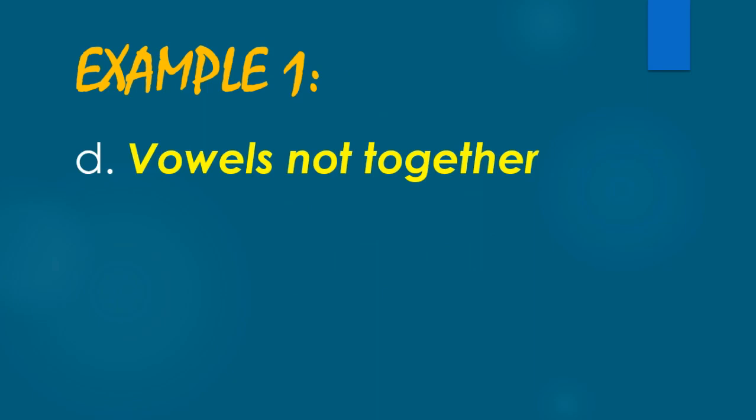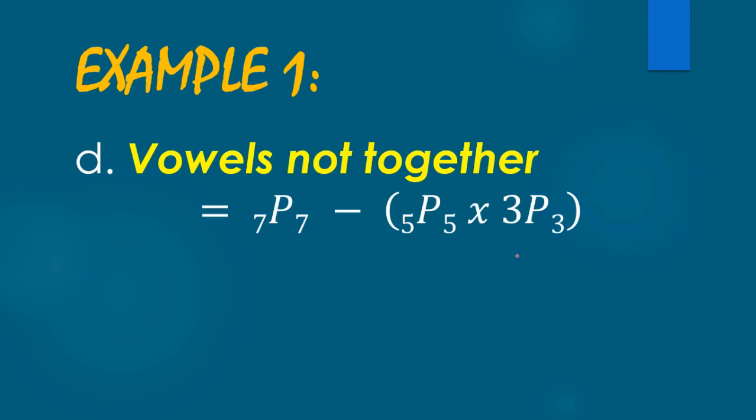And then if the vowels must not be together. So the same thing, a while ago we have solved that if we have to use all the letters from the word formula with no restriction, that is 7 factorial, then we'll just have to subtract the vowels together. So we can have 7P7 minus, a while ago we have the 5P5 times 3P3, or the vowels are together.